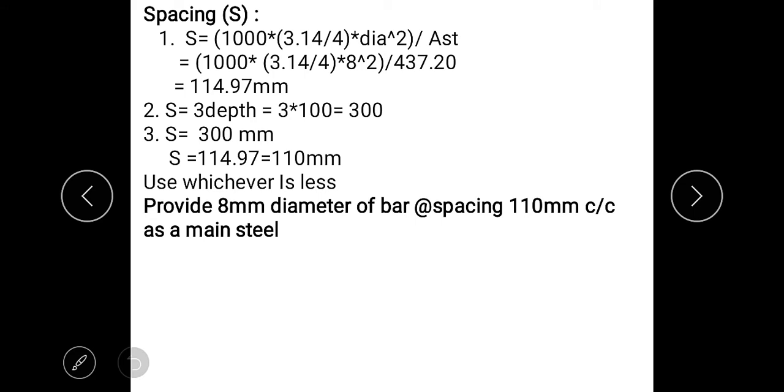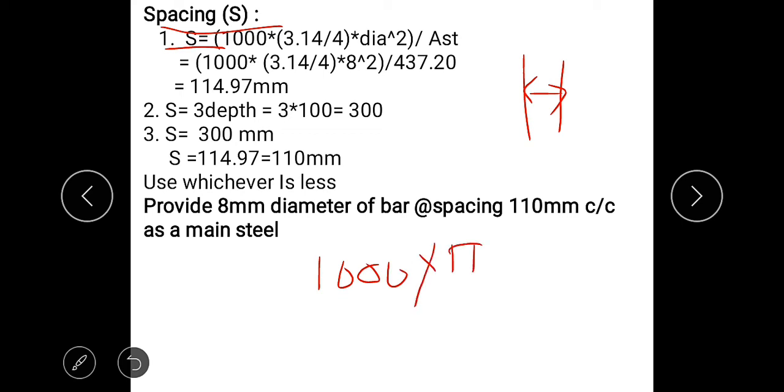Next we have to find the spacing between two bars, that is, how much spacing we have to provide. The formula to calculate spacing is S equals 1000 into pi by 4 into d squared divided by Ast.